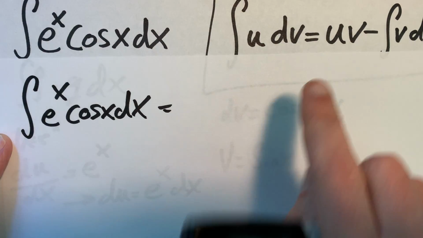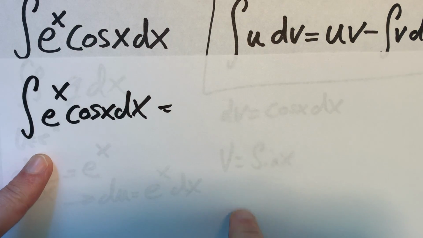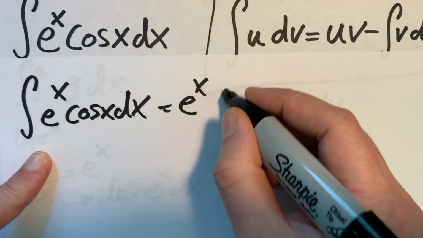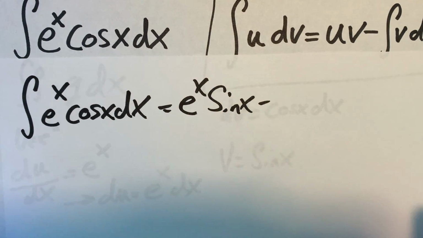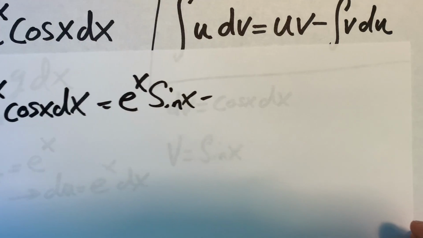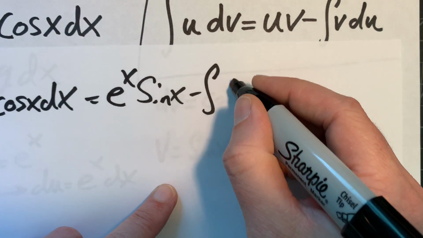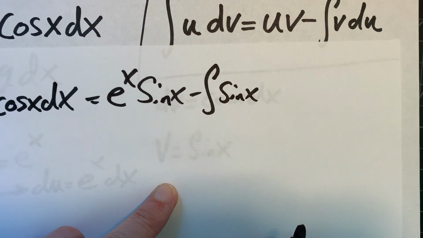Okay, well, what is that formula? We have uv. What did we pick for our u? e to the x. What did we get for v? We got sine x.